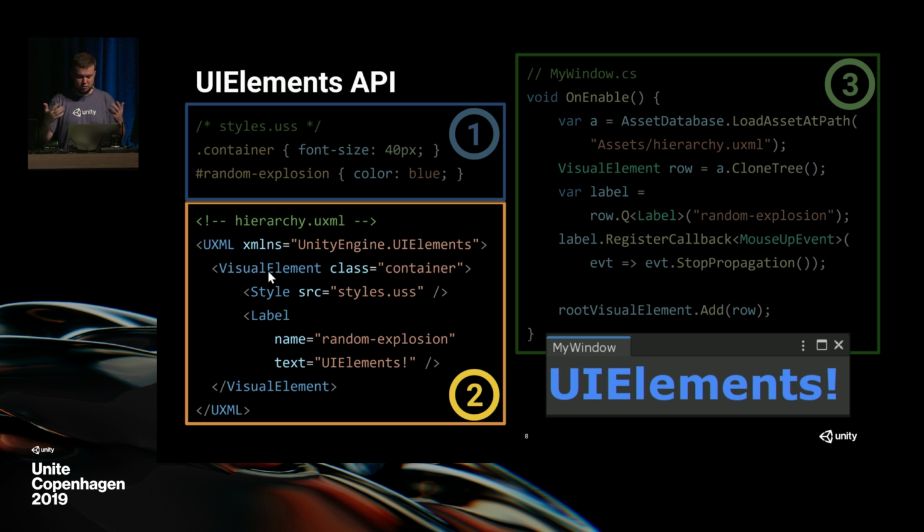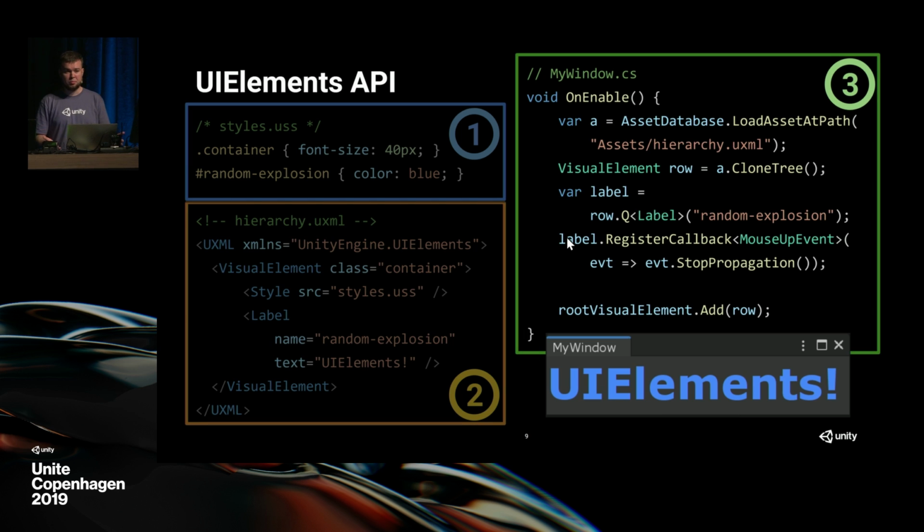It's what you extend to build custom ones. And I give it a class container so that I get the font size 40 from the style sheet. Then we are actually assigning the style sheet to this element, and it will apply to all the children as well, so by path. And then I create one child label with the name random explosion. And of course, the text that you see in the end result.